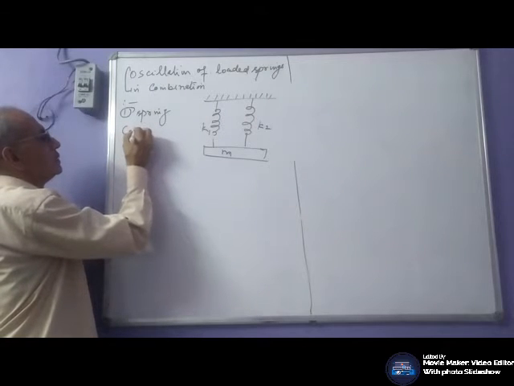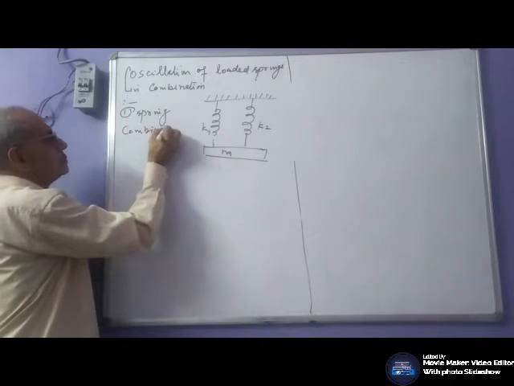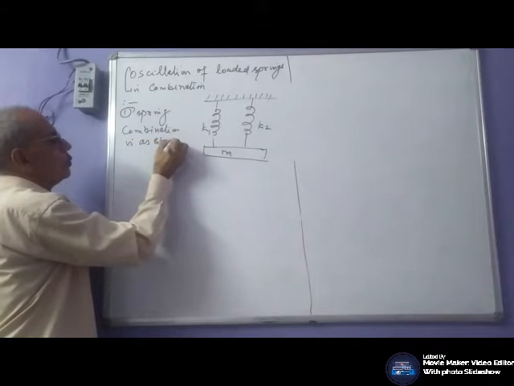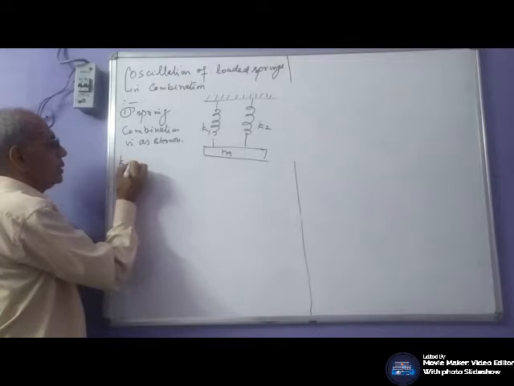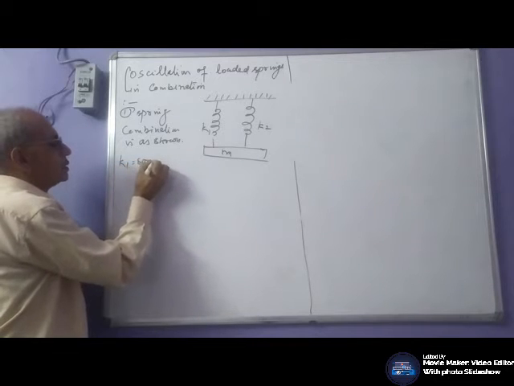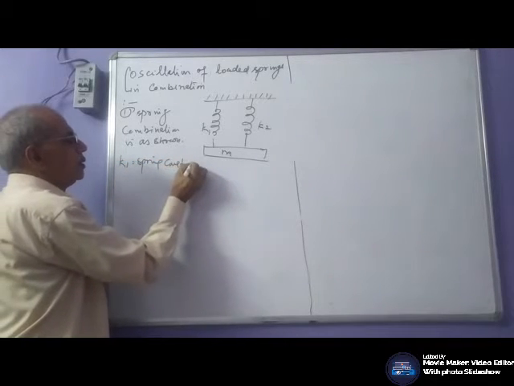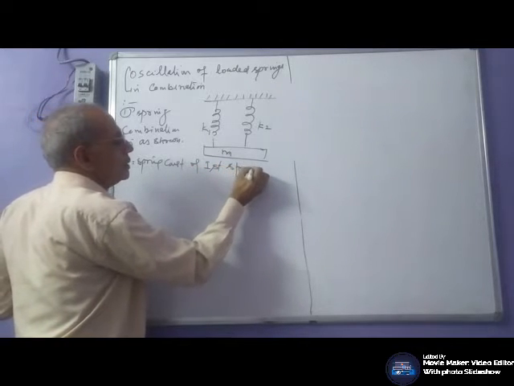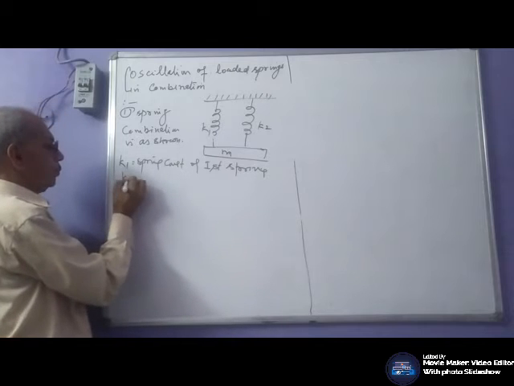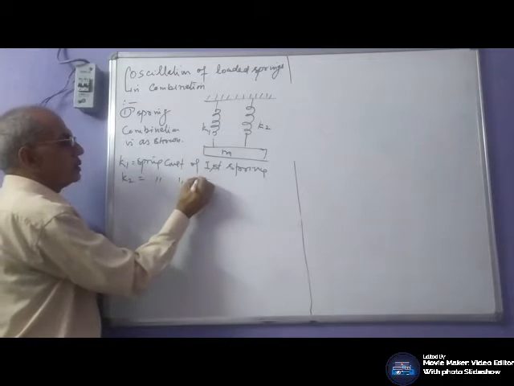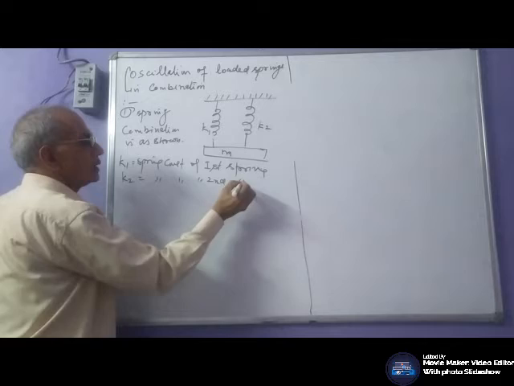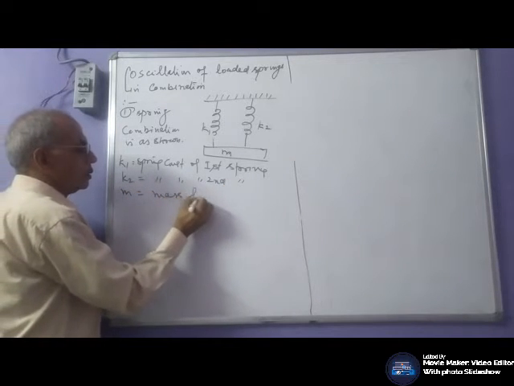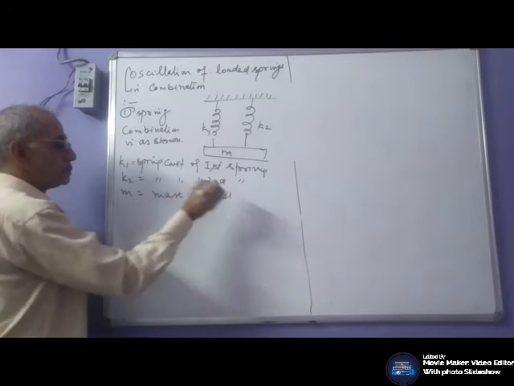Spring combination is as shown. K1 is the spring constant of the first spring, K2 the spring constant of the second spring, M mass loaded.